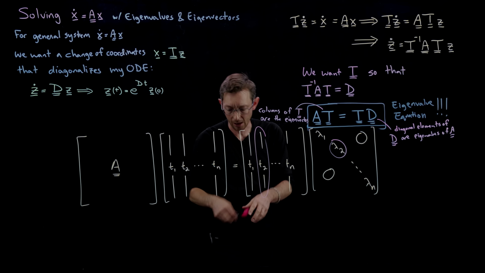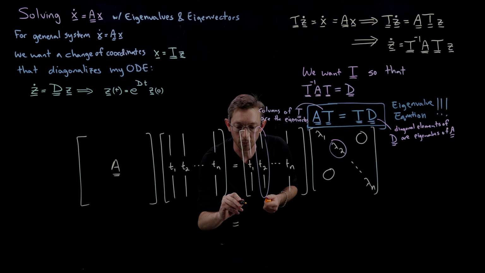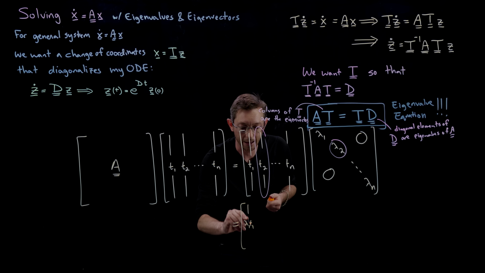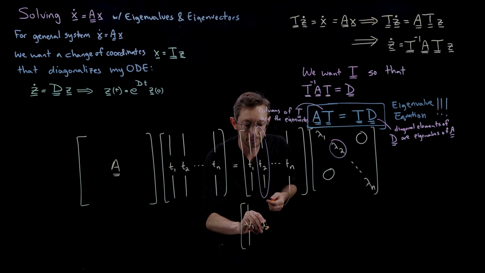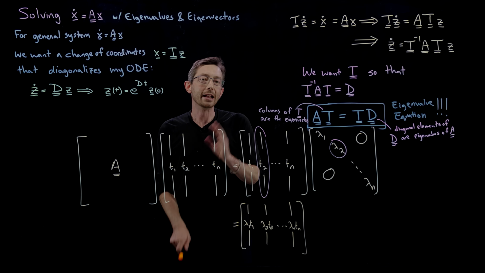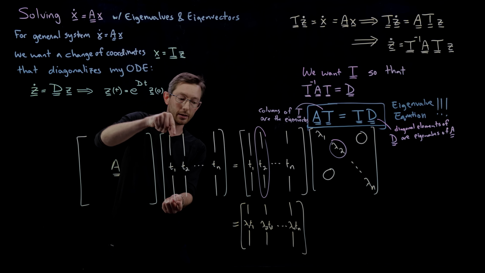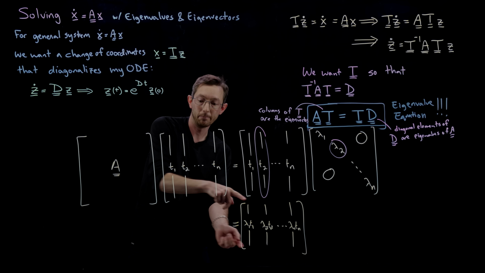So this is a very useful property of this diagonal matrix. This literally is going to equal lambda 1 T1, that vector, lambda 2 T2, that vector, dot, dot, dot, lambda n Tn, that vector. And so what we're basically going to find is that A times T1 is going to equal lambda 1 T1.